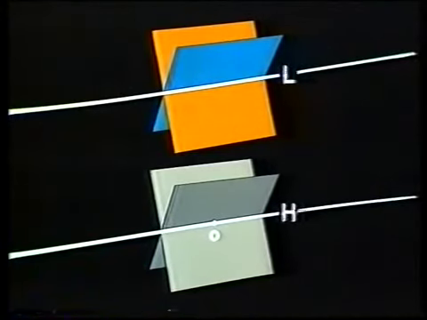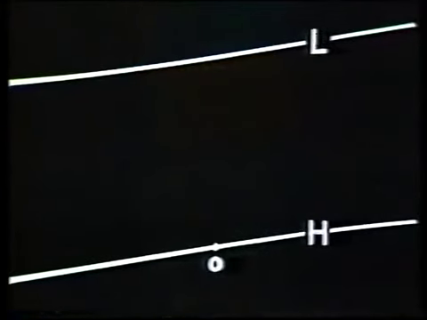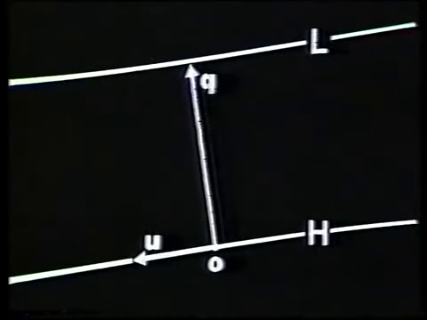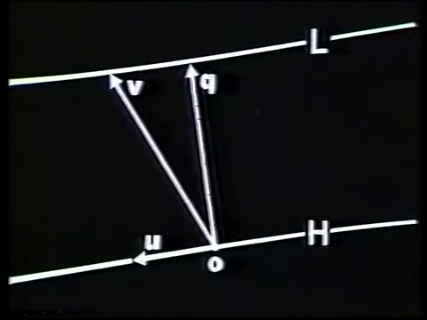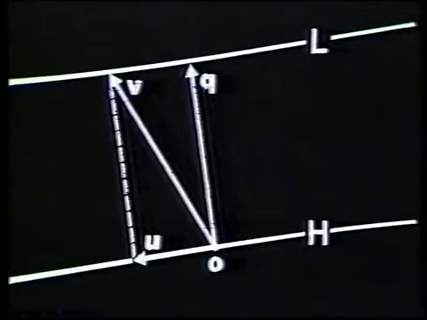Now the solution planes are parallel to the homogeneous planes, so that the solution set L is parallel to the solution set H. Take any element u in the homogeneous solution set H, add it to the vector q, and this will specify an element v in the solution set L. In this case, v equals q plus u. So there's a one-to-one correspondence between elements in H and elements in L.